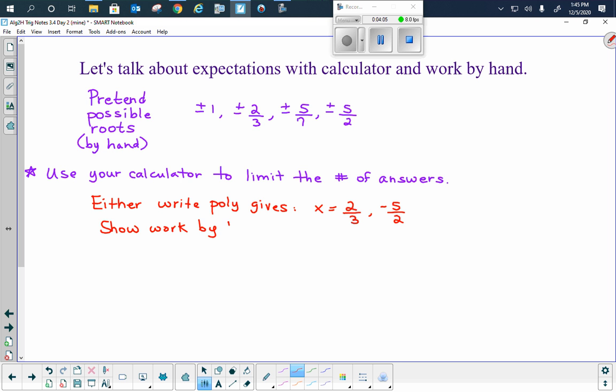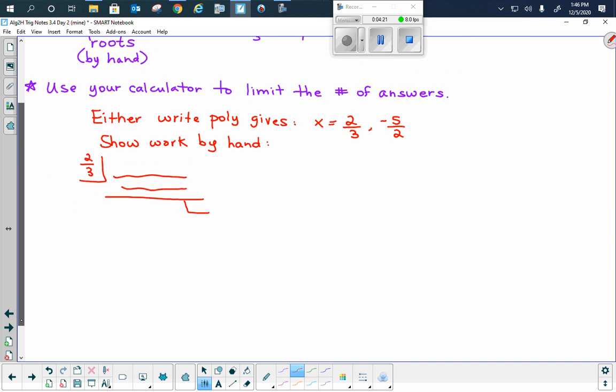by hand. And by that I mean, now take your 2/3 that you are pretty positive is going to work, put it in the batter's box, do your work. We would have a line here, get your remainder, and your remainder better be 0 if it is a root. And then, of course, into the depressed equation, you'd put negative 5/2 in the batter's box.